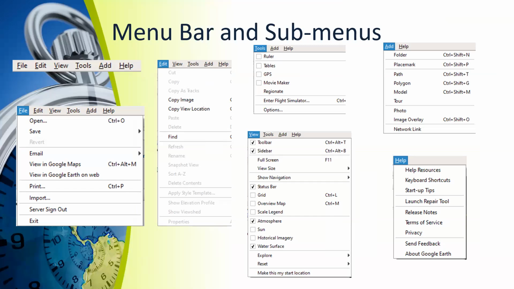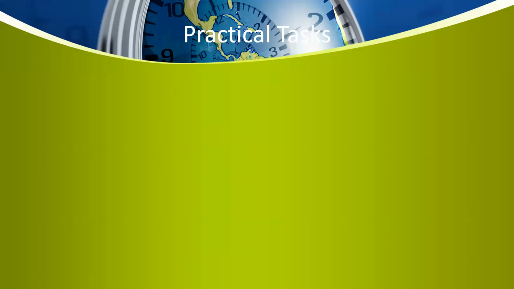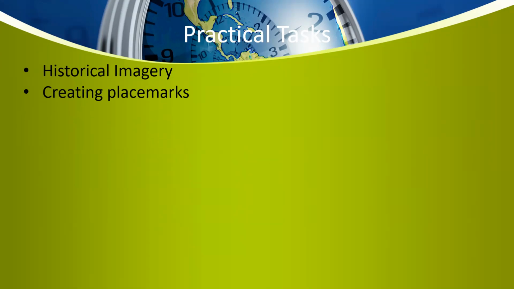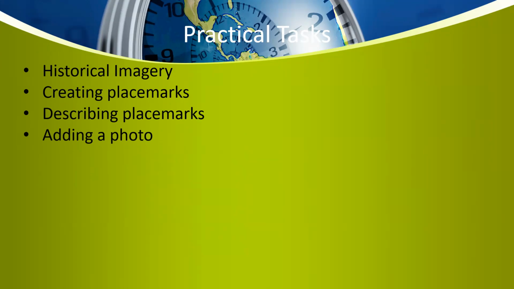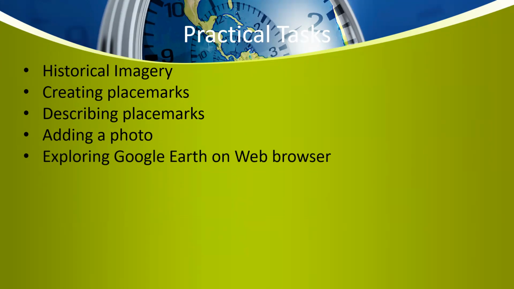So now we are going to jump into a practical bit, and this practical bit will entail the following items. We will look at how to check historical imagery. The second task will be creating place marks. That will be followed by describing place marks, then adding a photo, then exploring Google Earth on a web browser.